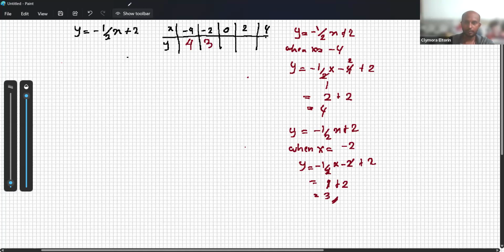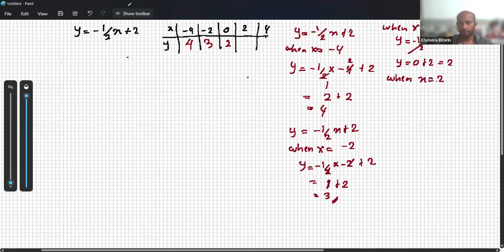Then when x equals 0, what is that? y equals minus half into 0 plus 2. This whole part goes to 0. 0 plus 2 means it's 2.